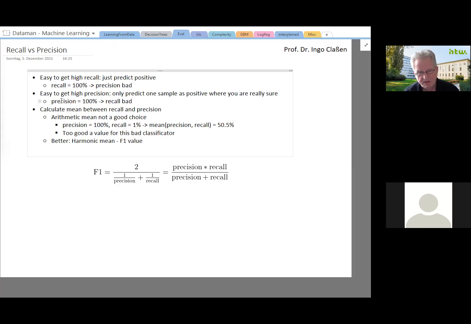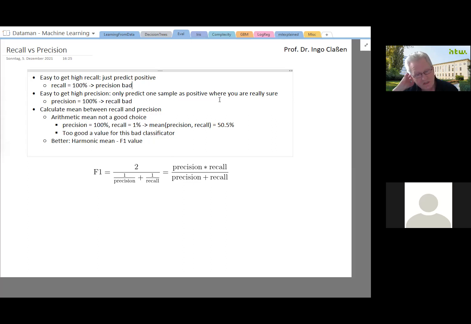The other way around, we can do the same. We can get a high precision. Let's assume we predict only one example as positive where we are really sure that it is positive, where the features definitely tell us that it must be a positive one, and all other ones are classified as false.